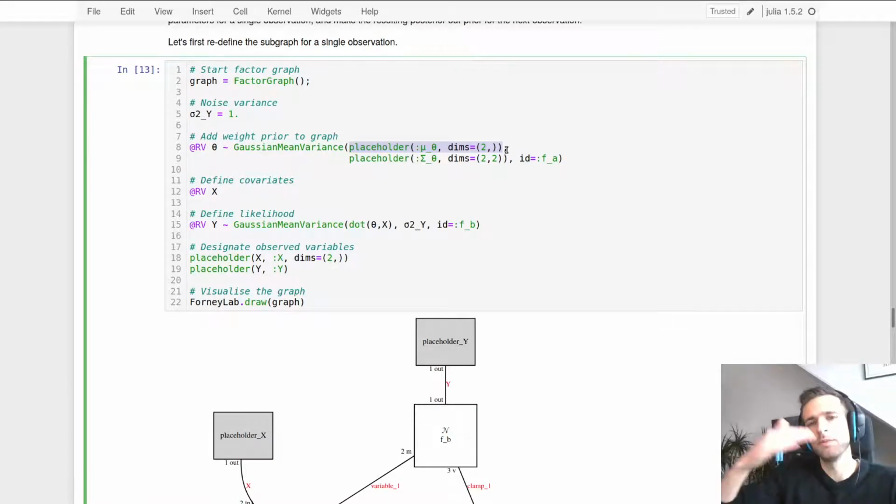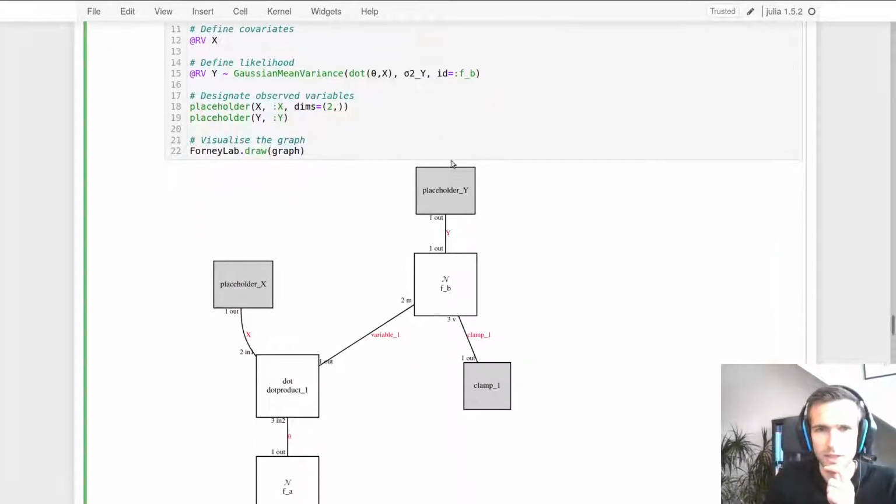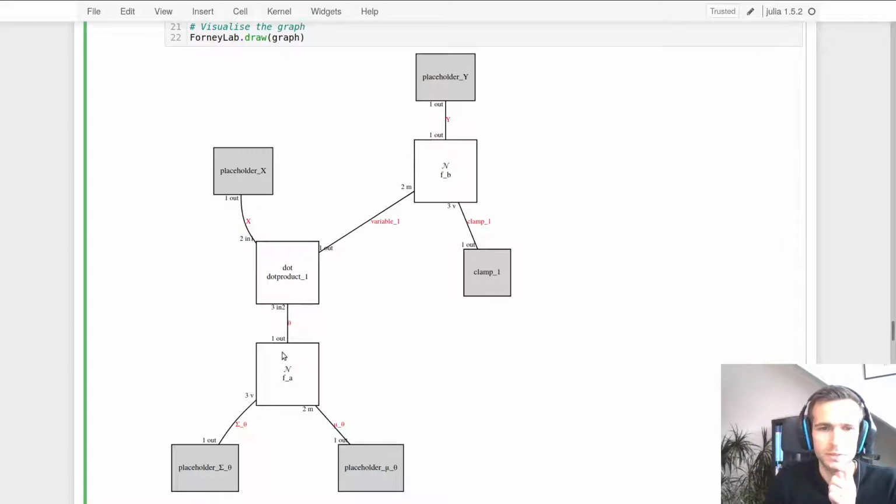And then as we move through the data, we're just going to take the previous posterior estimate and feed that into the parameters of the prior. Outside of that, the model is exactly the same. So we still have a prior node f of a with two placeholder parameters, not clamped now. And then we have x, the dot product between theta and x produces this temporary variable, and then we have this f of b where we generate this response, and we still have the same clamped noise variance.